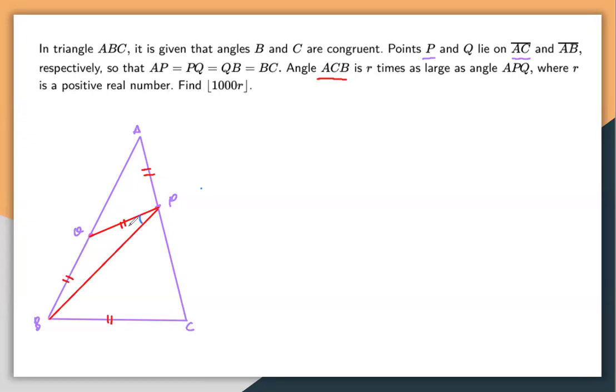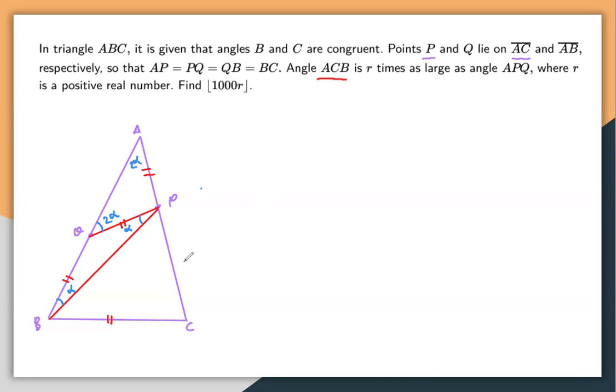So I'll say this is alpha, and this is alpha as well. Since those two angles are interior, if you add them, you get the exterior, which is 2 alpha here. And since this is also isosceles, this is also 2 alpha.